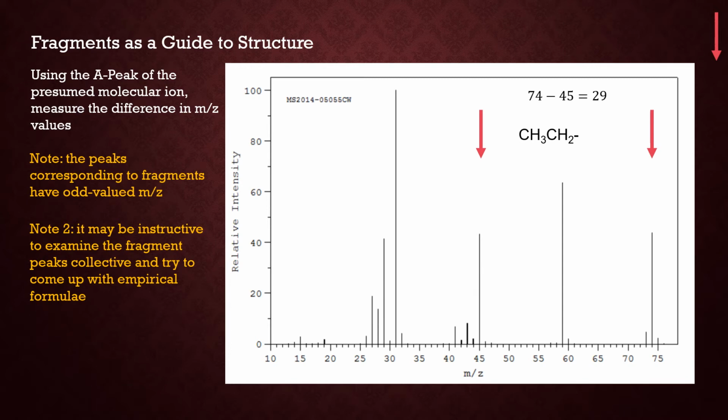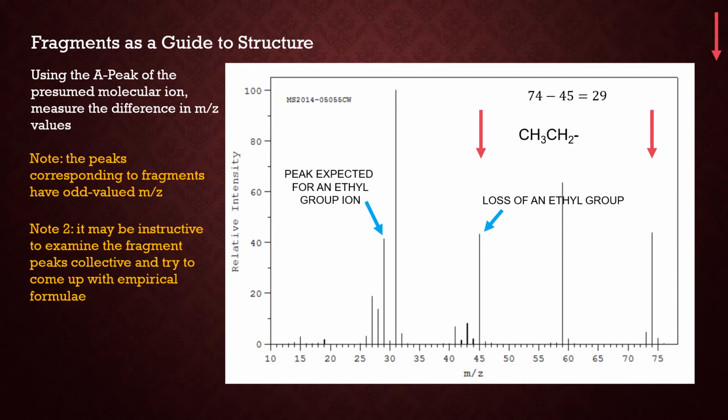But I'd like to know if something weighing 45 falls off as a neutral species, leaving behind a 29 ion. And I do see that in the spectrum. So I see a peak at 29, and I see these things pairing up.